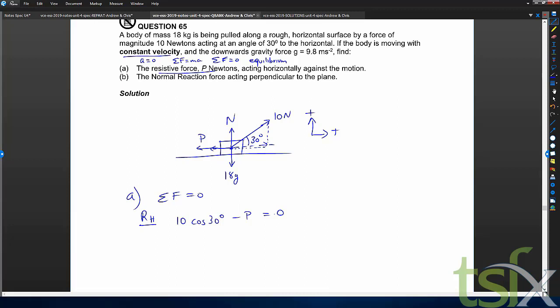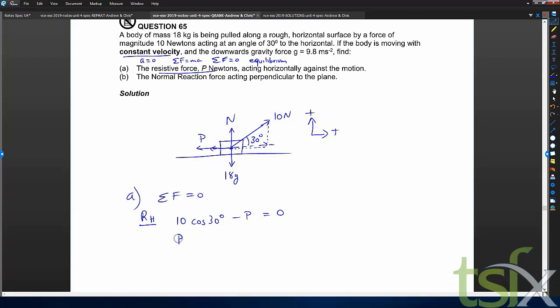Sometimes I might write one extra line, sometimes I might not, okay? So if this body was accelerating, I'd be putting MA on the other side instead of 0. So I'm just doing the same method. If we only do one method for every question, we shouldn't get confused. Is that correct? Yep.